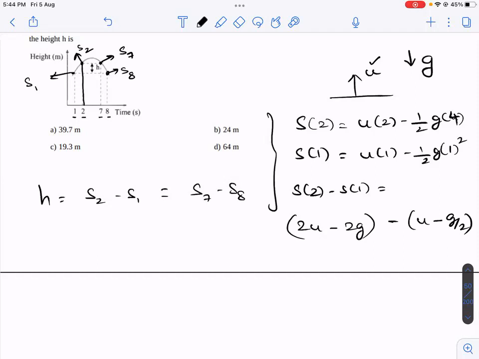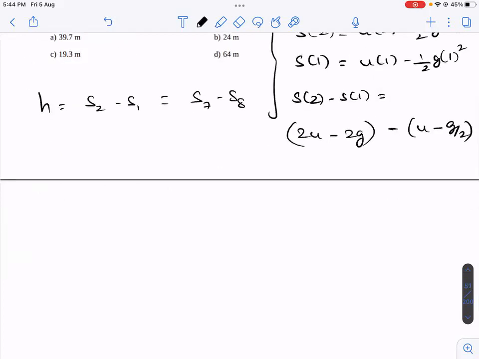Is it right? Yes, sir. Right. So if I simplify this, I'll get u minus 2g plus g by 2. Minus 2g plus g by 2 is how much? Minus 3g by 2. So it will be u minus 3g by 2. This is h. Let me call this equation number 1.